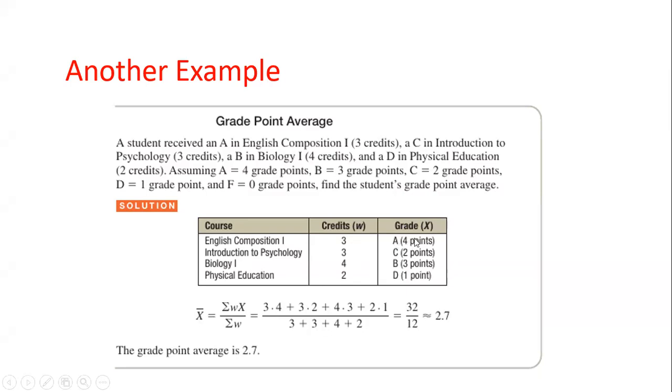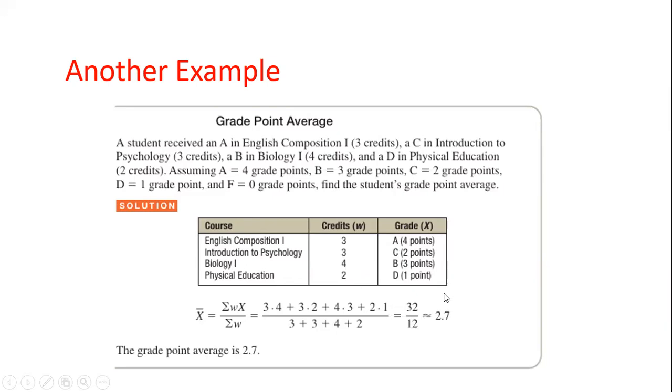For one credit hour you have 4 points, for another 4 points, for another 4 points, for another 2 points, for another 2 points, and for the 6th credit hour 2 points, and then for the next 4 credit hours students have 3 points. That's why they are multiplied, then all summed and divided by all these frequencies.